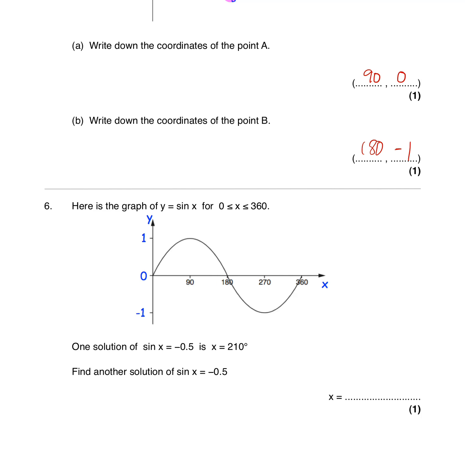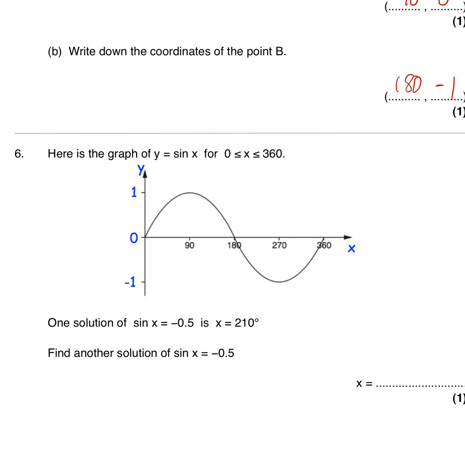Question 6 has a sine graph picture for you, but this time it's dealing with the symmetry of the graph. So one solution for x equals -0.5 is 210. -0.5 would be here, going across my graph at minus 0.5, I can see an answer here and an answer here.